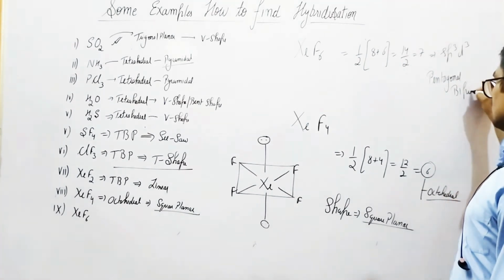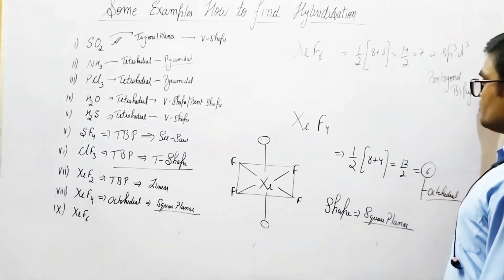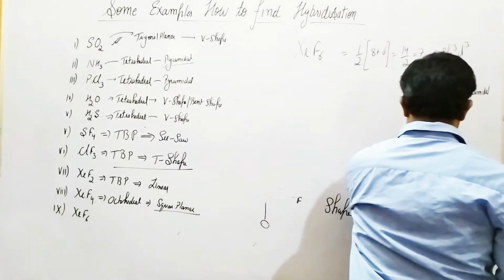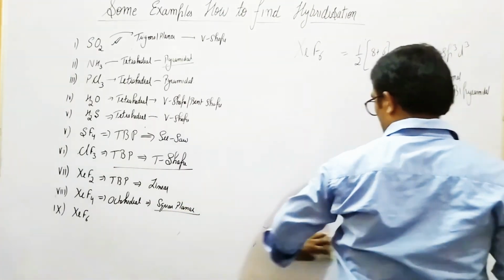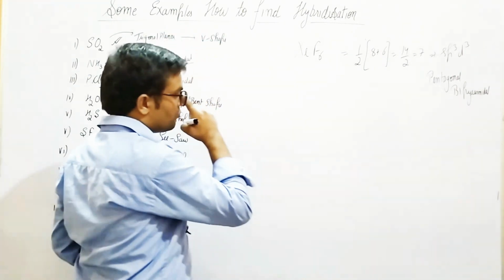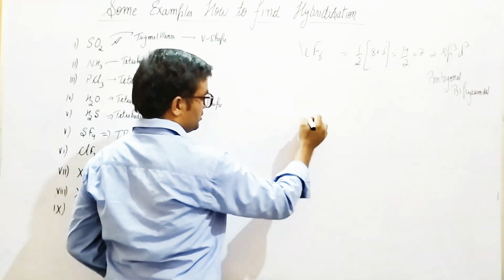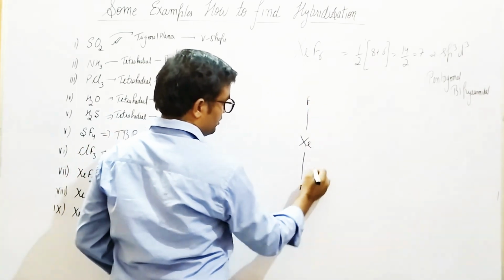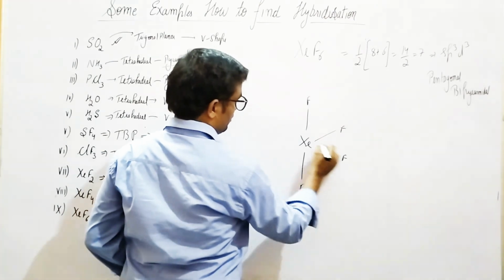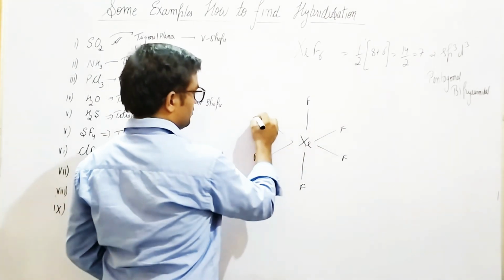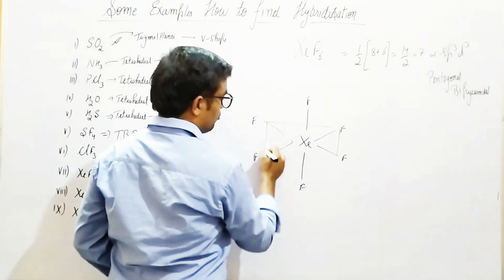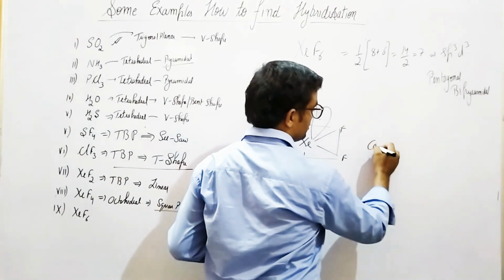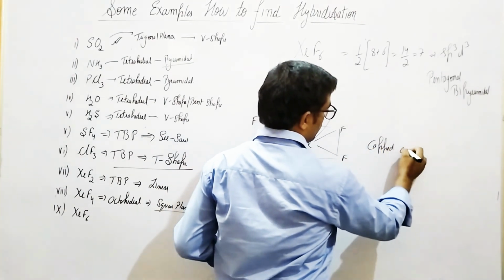Therefore, its structure or geometry is pentagonal bipyramidal, and out of 8 valence electrons, 6 are used in making bond pairs. Actually, the lone pair appears to come out of the plane. Therefore, it is known as capped octahedral. The shape is capped octahedral.